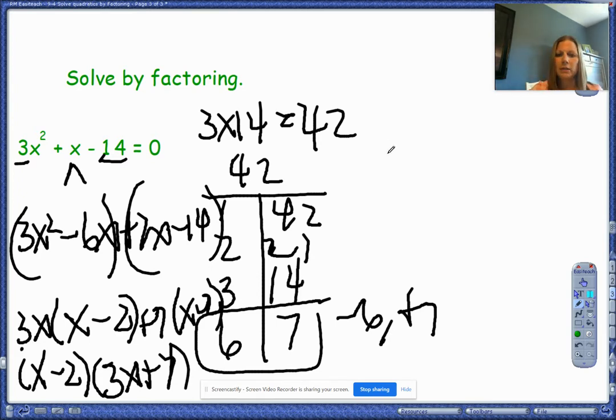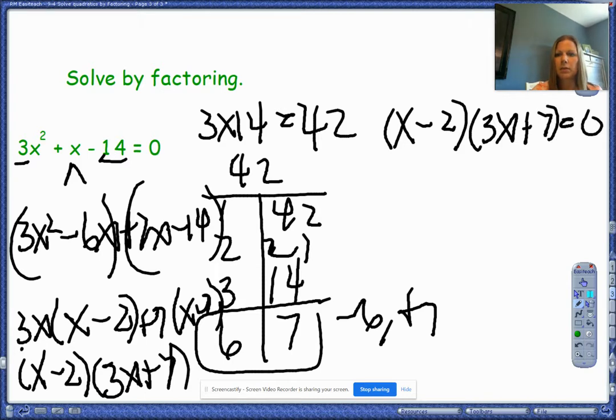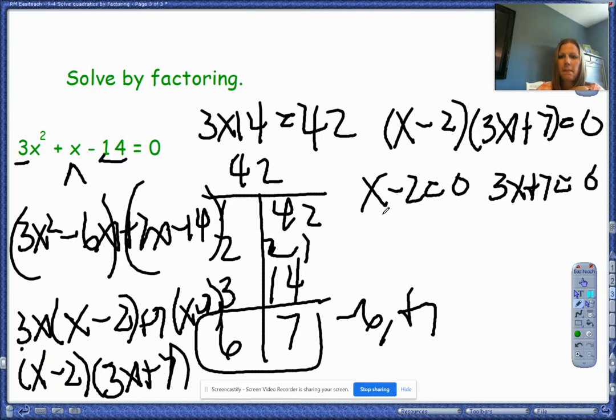So my two factors are x minus 2 and 3x plus 7 equals 0. And you set each factor equal to 0. So x minus 2 equals 0, and 3x plus 7 equals 0. Plus 2, x equals 2.